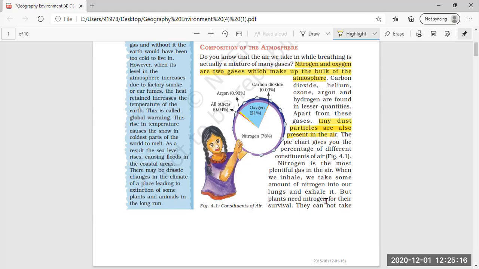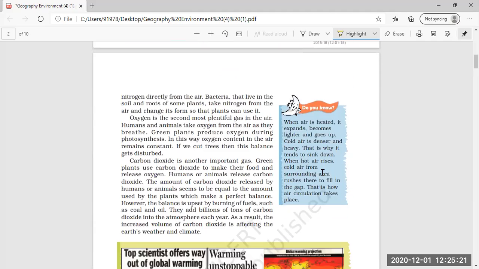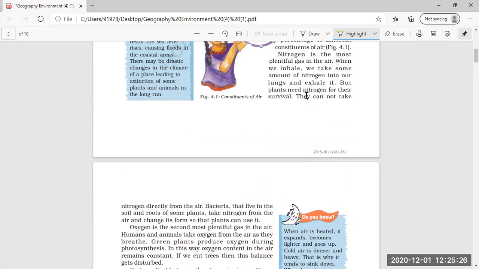But plants also need nitrogen for their survival. You can underline this: they cannot take nitrogen directly from the air. And what helps them to take the nitrogen? Bacteria. Bacteria that live in the soil and roots of some plants take nitrogen from the air and change its form so that the plant can use it.